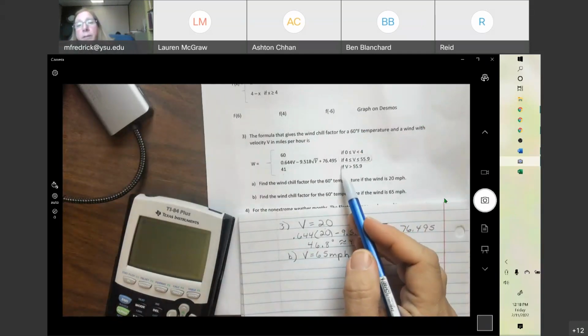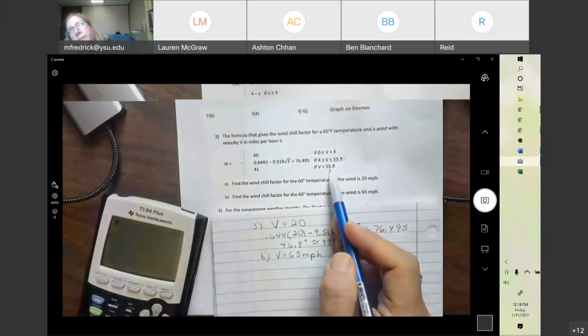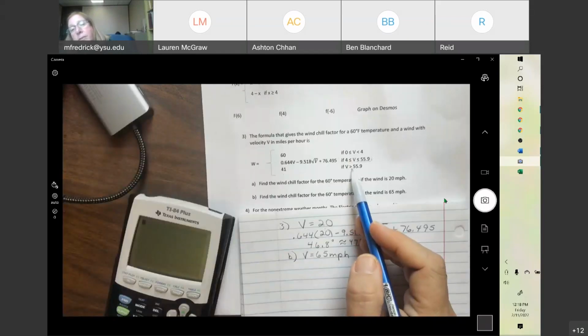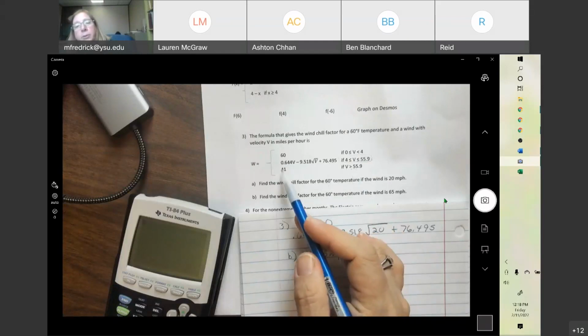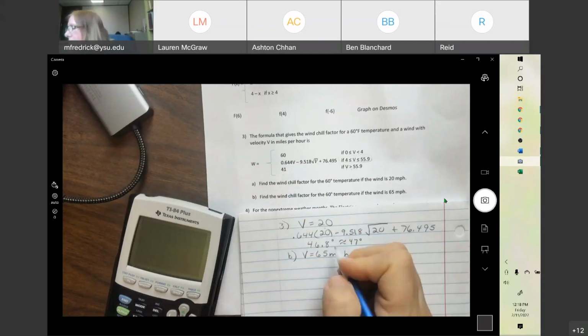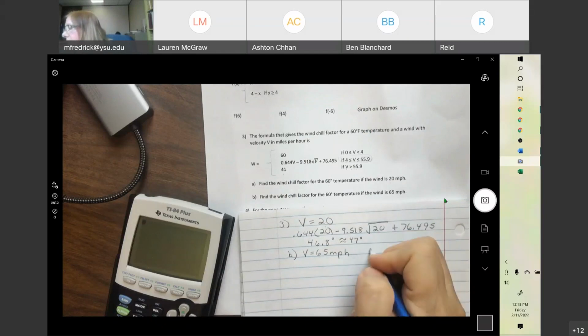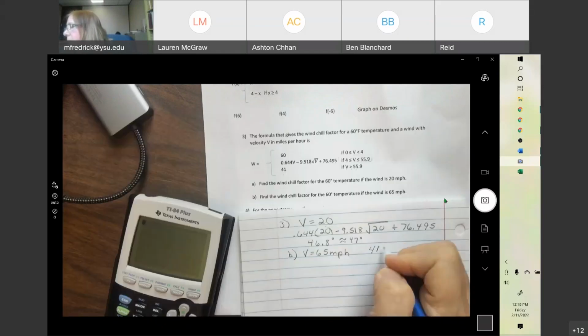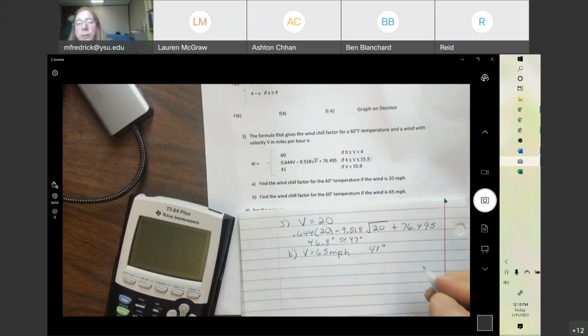So we know it's here. And if the velocity is greater than 55.9, the temperature is 41. So 65 miles per hour, 60 degrees will feel like 41 degrees. Any questions on that?